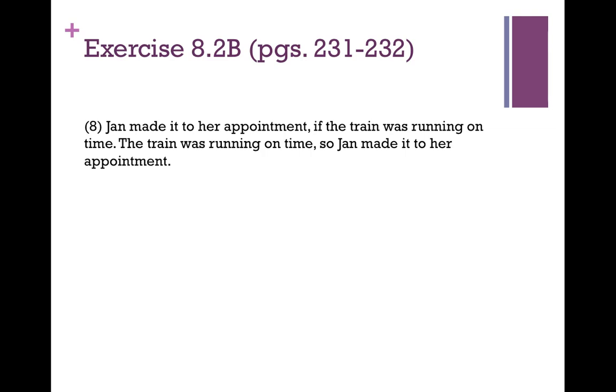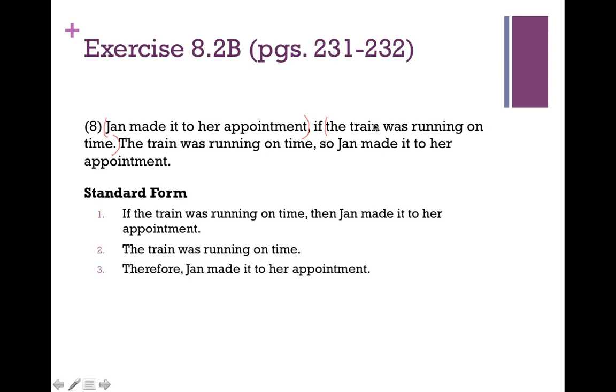Number 8. Jan made it to her appointment if the train was running on time. The train was running on time, so Jan made it to her appointment. The first proposition stated here is of the form P if Q, where one proposition is our P, and this one right here we could at least temporarily call Q. Anytime you have P if Q, you rewrite it as if Q then P. So the argument is of the following form: if the train was running on time, then Jan made it to her appointment.